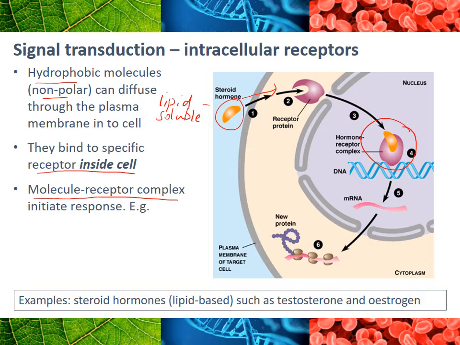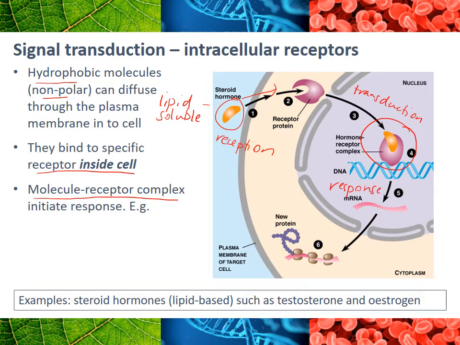These make a complex bound together. And then that complex will carry out or initiate the response. So if we look at this, we could say we have reception happening in number 1. Between 2 and 3, we've got transduction. There'll be a few events that happen that we don't need to know the details of, and then we're going to have our response.